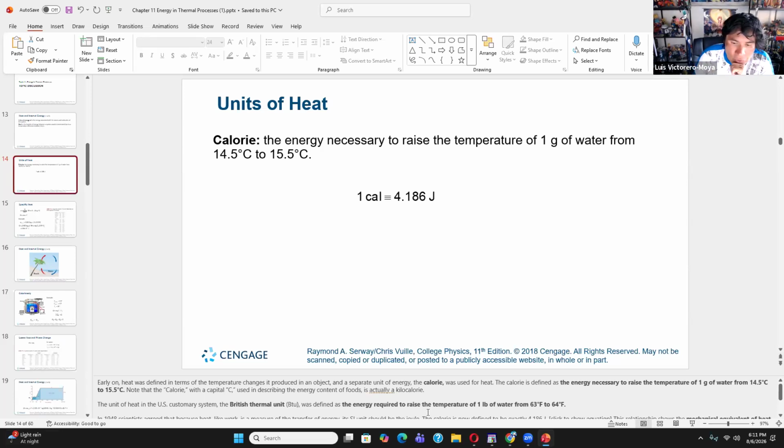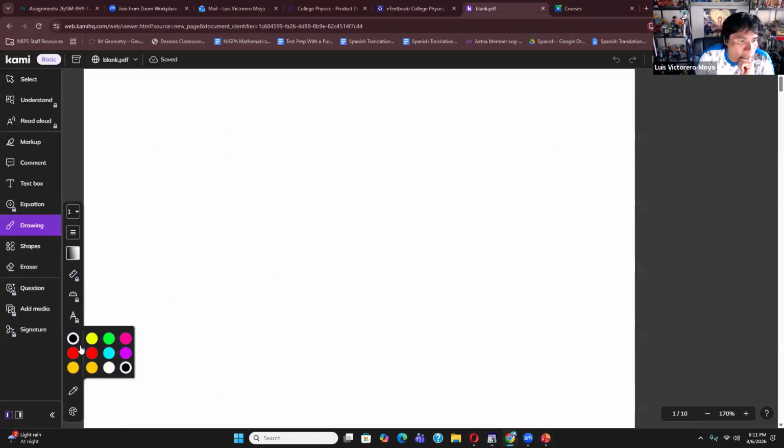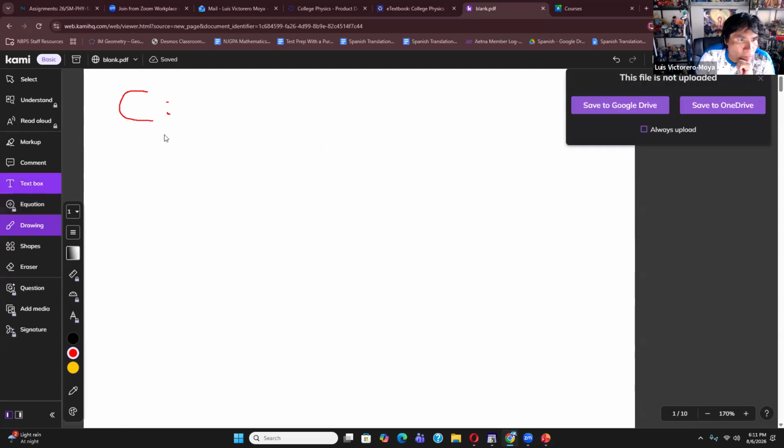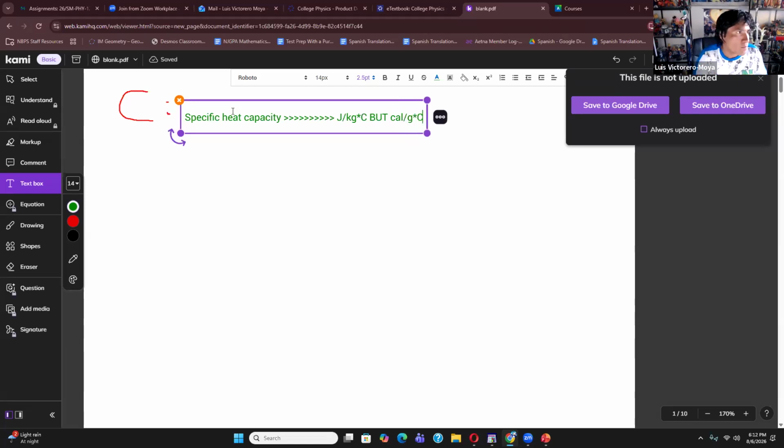Now, yesterday I introduced the concept of a specific heat. I said that you have this value C, which we know as the specific heat capacity. And this can be measured in joules per kilogram Celsius. But if we're using calories, we can use calories per gram per Celsius.